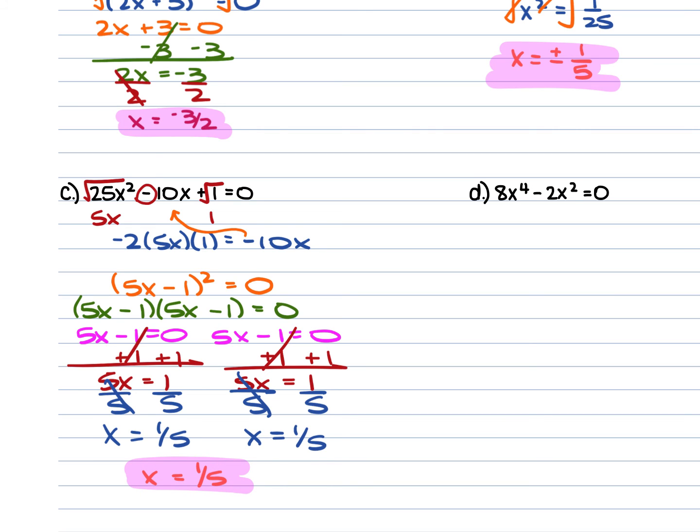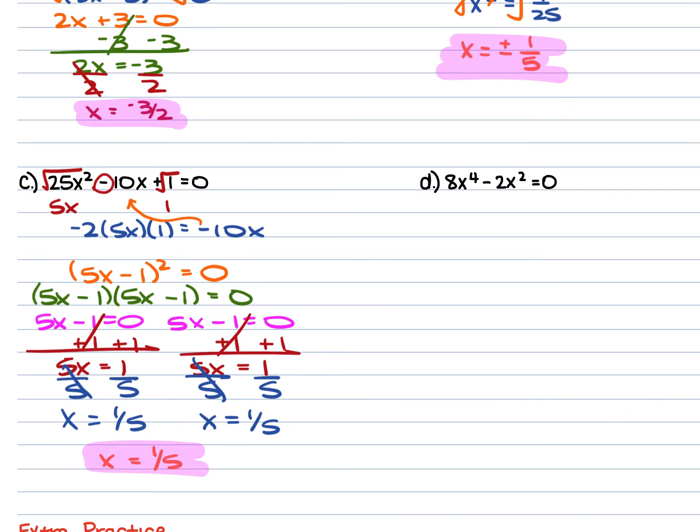For our last example, D, we have 8x to the 4th power minus 2x squared is equal to 0. For this one, we can factor out a greatest common factor first, which is just the 2x squared. So this is going to give us 2x squared times 4x squared minus 1 is equal to 0.